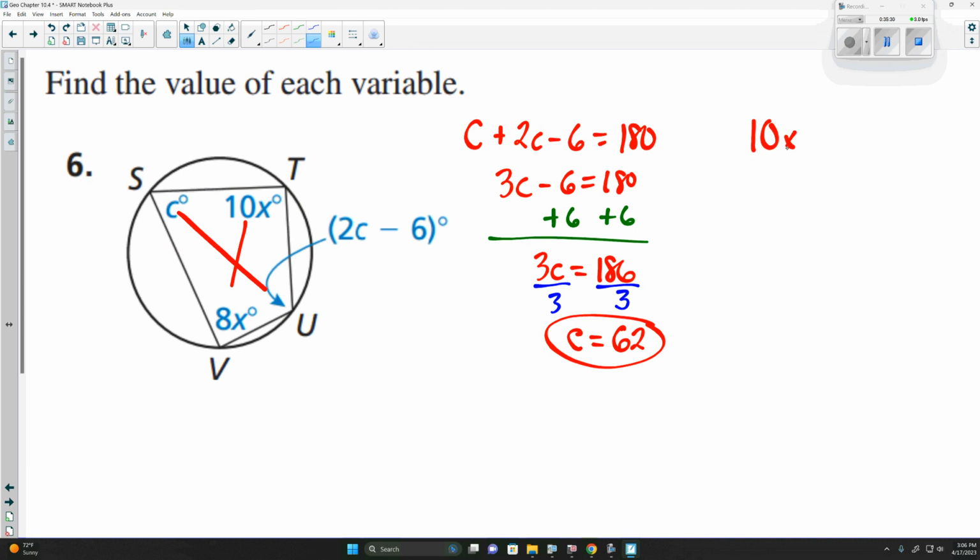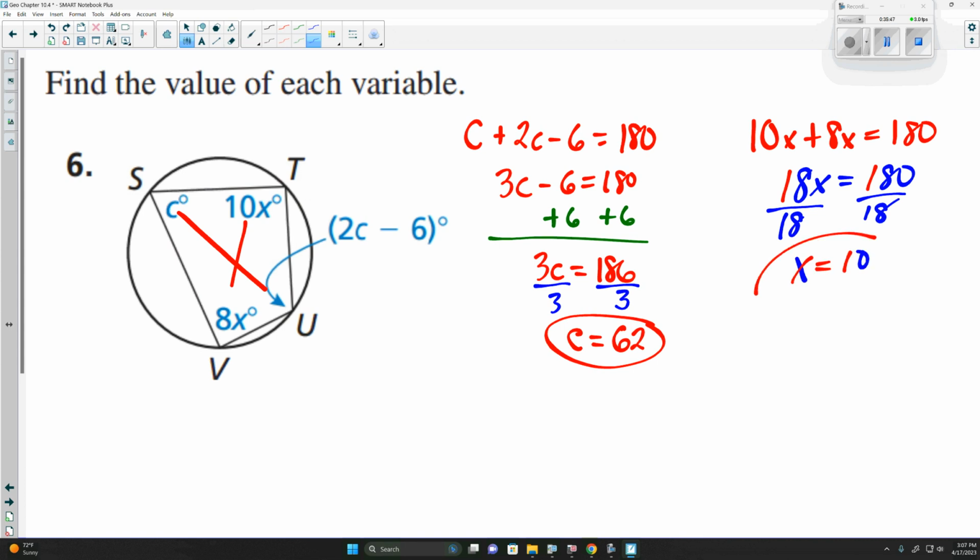So we have 10x plus 8x is 180. 10x plus 8x is 18x. Divide both sides by 18. And that's it. Questions on this here?